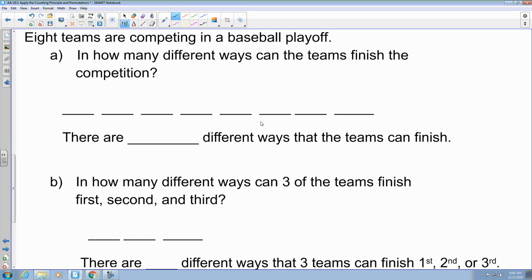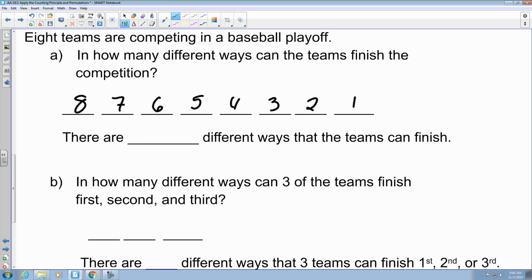Over here it says you have 8 teams competing in a playoff game. They want to know how many different ways the teams can finish the competition. So you have 8 teams. That means you have the potential to be either eighth place, seventh place, sixth place, fifth place, fourth, third, second, or first.